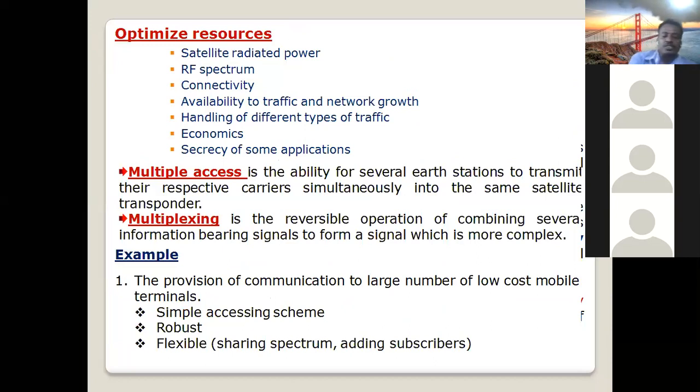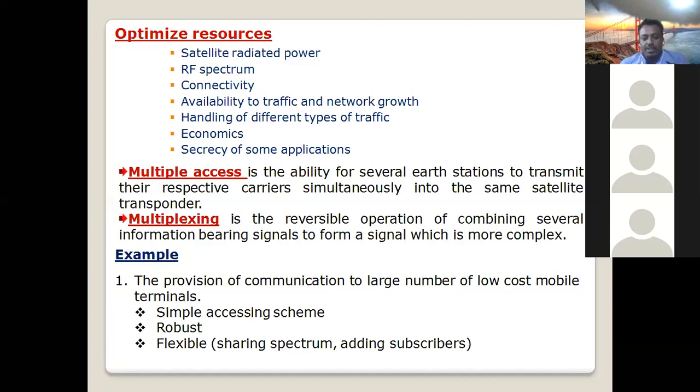Okay. So we need to optimize the resources in communication systems. How do we optimize them? Optimizing means using these limited resources efficiently by different users. We are going to apply multiple access, but don't be confused between multiple access and multiplexing. Multiplexing means combining different information-bearing signals together in one carrier.